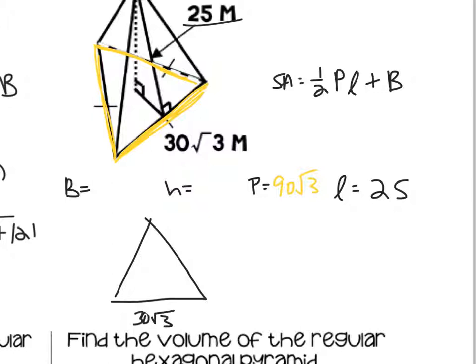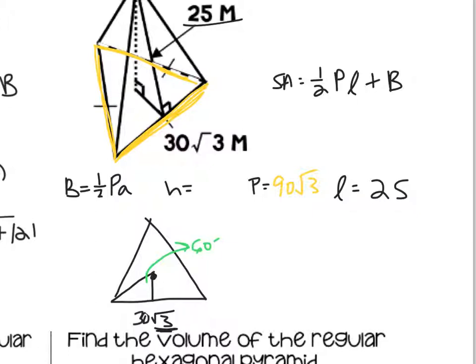There's my equilateral triangle. So I'm going to use that base is 1/2 perimeter times apothem. Why am I doing this? This time, instead of doing 1/2 base times height, I want to do the one with the apothem because I have a square root of 3 already going on and I don't like it and I want it to go away. Go away. So this time, coming from the center is my 60-degree angle.